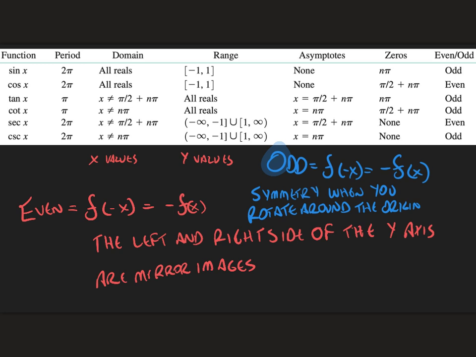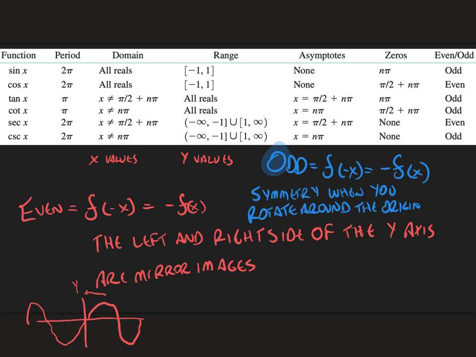So if I graph the sine real quick, it goes up, comes down, goes back up on the right side. But here's the y-axis. If I go down, then up, we see that the sine is not even. If I flip it around the y-axis, it's not even.